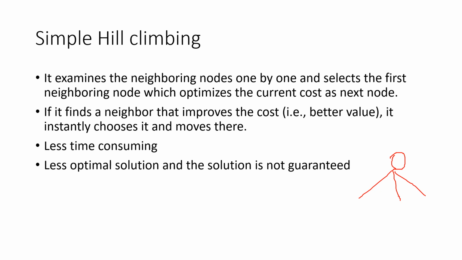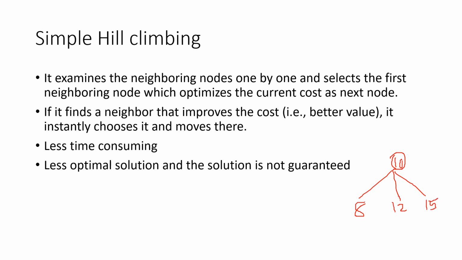If it finds a neighbor that improves the cost, it instantly chooses it and moves there. So it stops checking as soon as it finds a better neighbor. So it is less time consuming, but the solution is less optimal and not guaranteed. For example, the current node is 10, and the neighbors may be 8, 12, and 15.